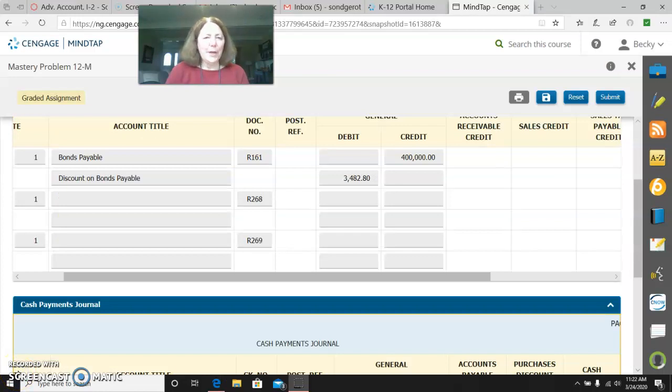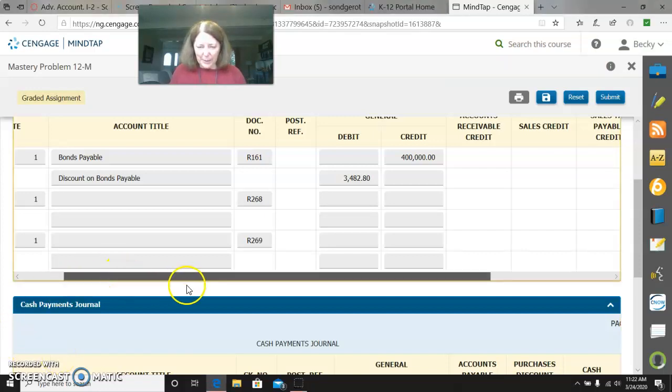So the last two transactions that we have relate to the bonds we had purchased, the investment security, on the very first transaction. So on October the 1st, we received our semi-annual interest payment. So on October 1st, to record our interest revenue and our cash, what would we want to do?